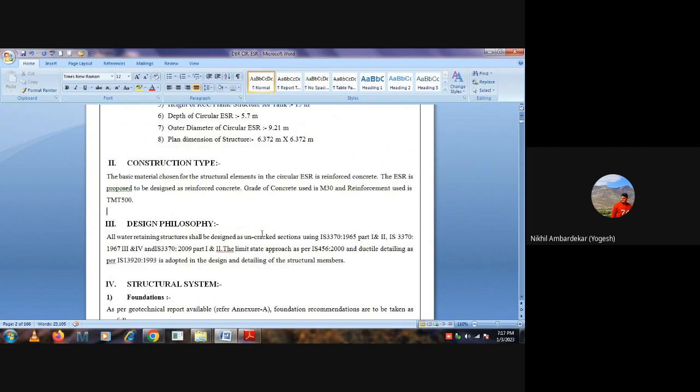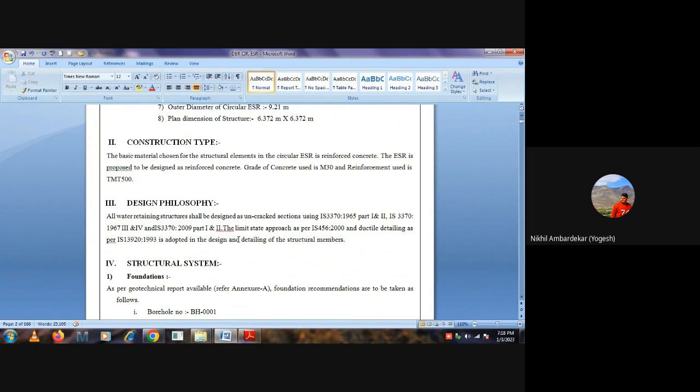Design philosophy, so which codes are used to analyze and design this ESR, that is IS 3370 2009 part 1 and 2, and we are also using IS 456, that is the code for the concrete design. Okay, so these codes we are using for our design purpose.